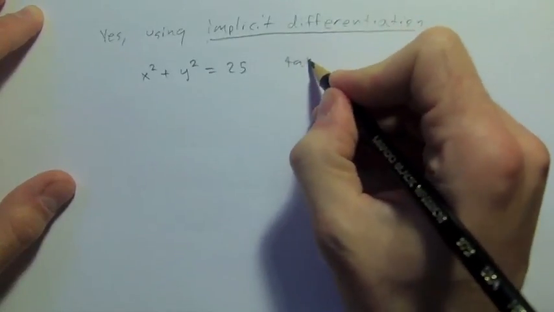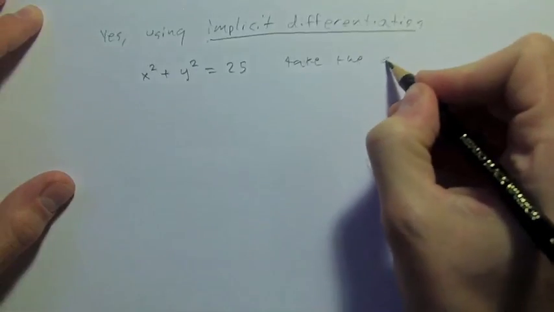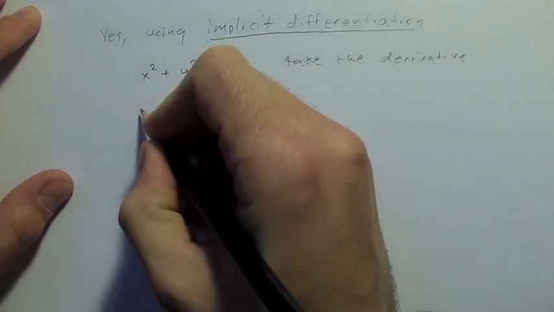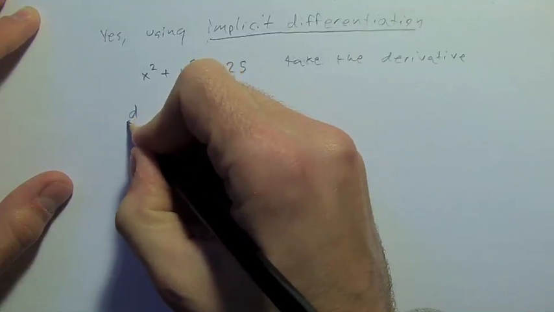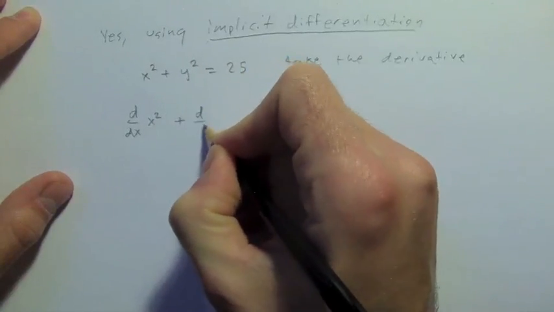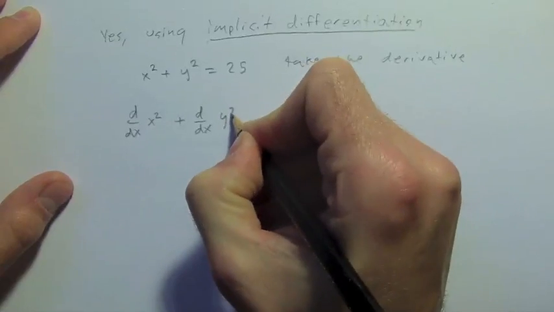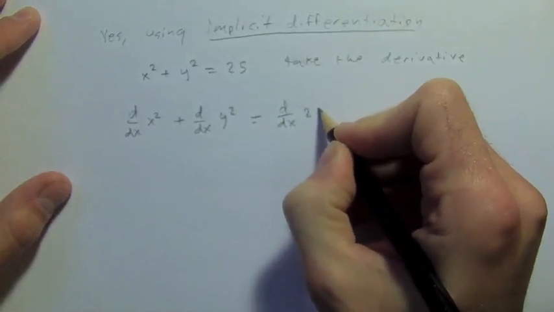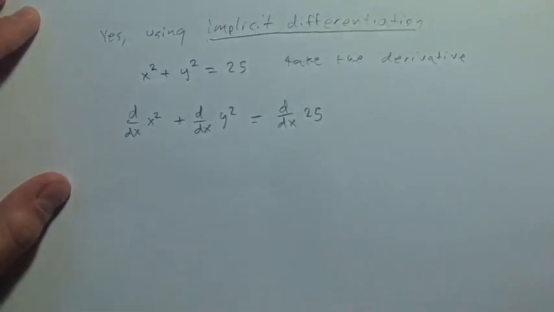Okay, so take the derivative. So this will be the derivative with respect to x of x squared plus the derivative with respect to x of y squared, which will be equal to the derivative with respect to x of 25.